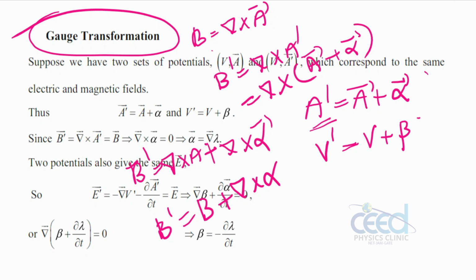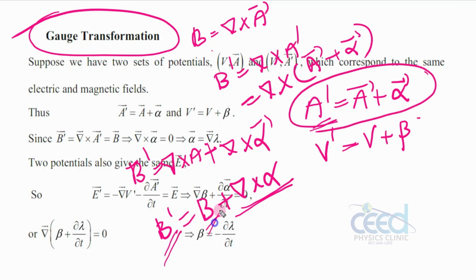Now, if the magnetic field is invariant, meaning the final and initial magnetic fields are the same, then del cross alpha must be 0.